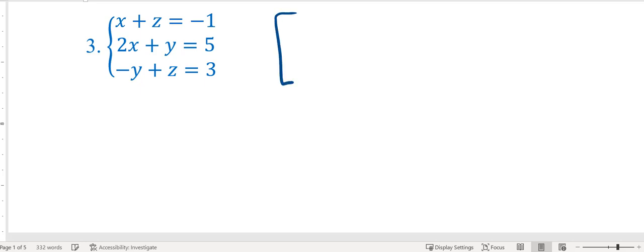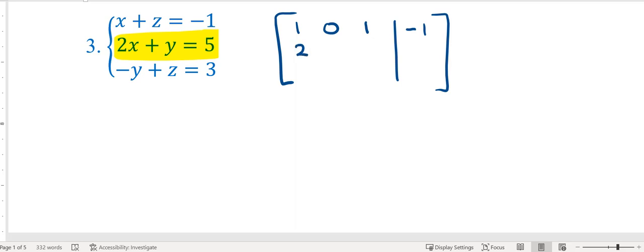In that first equation, I have 1x. I don't have any y, so I've got to put a 0 where the y would go, plus 1z equals negative 1. For equation number 2, I have 2x plus 1y plus no z's, don't forget the placeholder, equals 5.